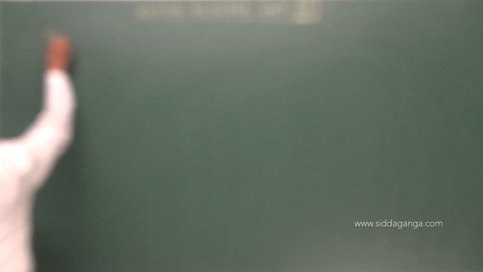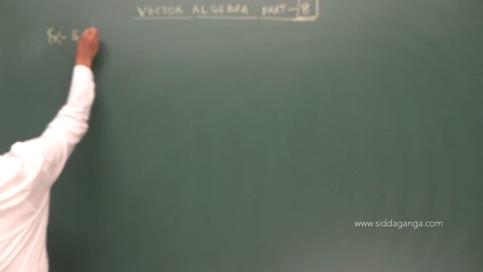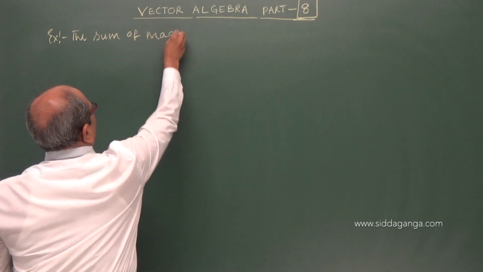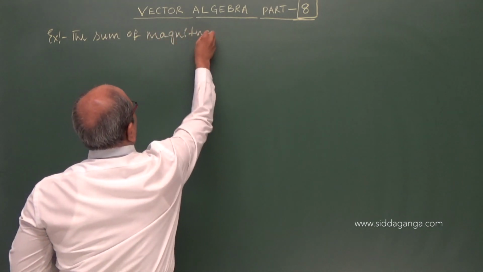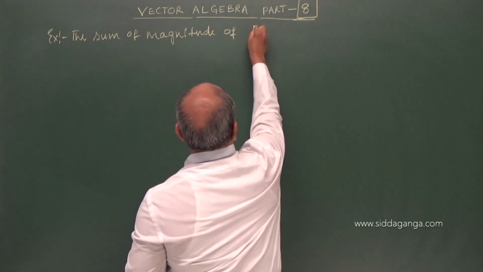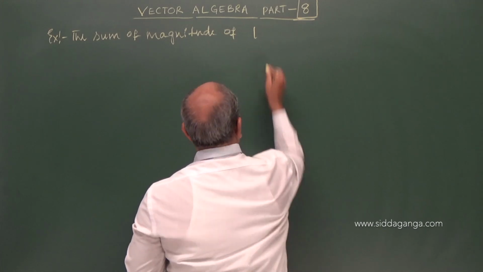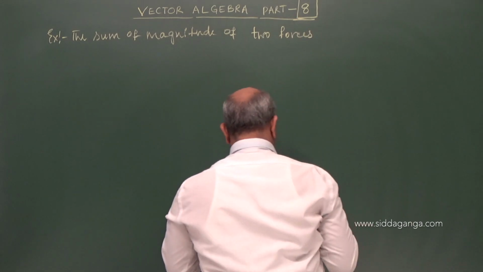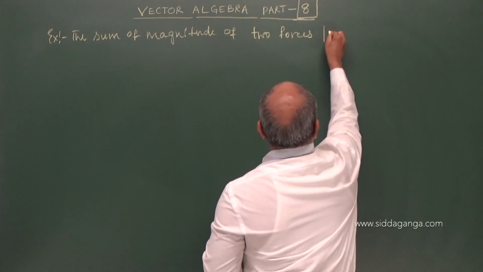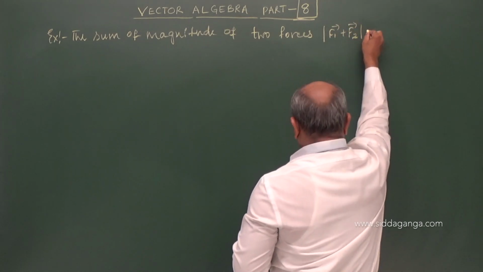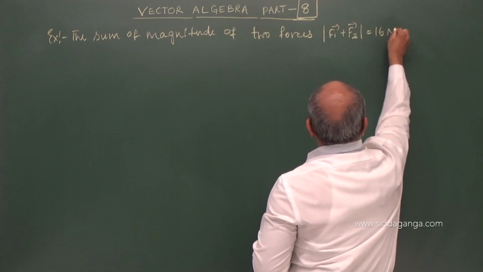Just another example. The sum of the magnitudes of two forces F1 plus F2 is equal to 16 Newton.